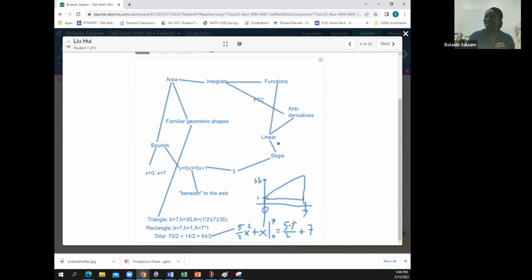Okay, area, familiar geometric shapes, awesome, got it. Then we have bounds being x is equal to 0 and x is equal to 7, great. Then also the bound, so it looks like they're considering the function itself as another bound, beneath, meaning to the x-axis, great. I'm seeing a lot of great information.